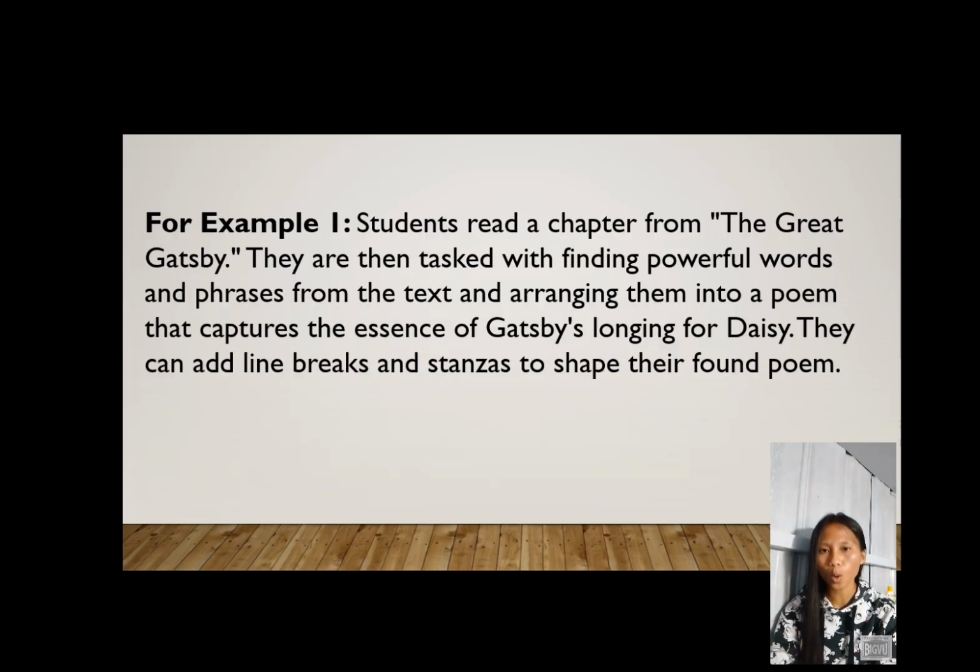For example, number 1, students read a chapter from The Great Gatsby. They are then tasked with finding powerful words and phrases from the text and arranging them into a poem that captures the essence of Gatsby's longing for Daisy. They can add line breaks and stanzas to shape their found poem.